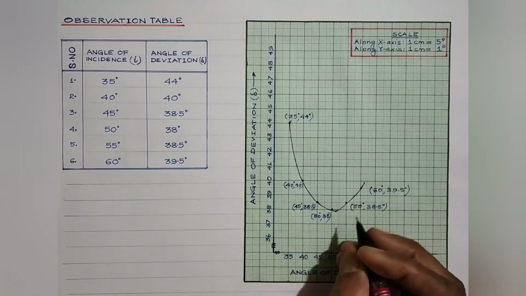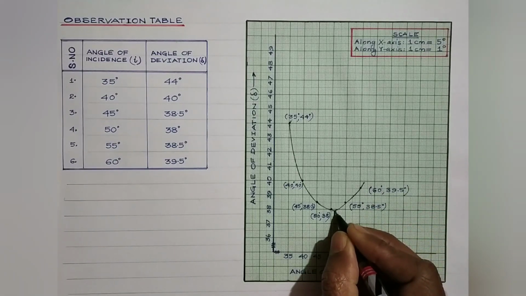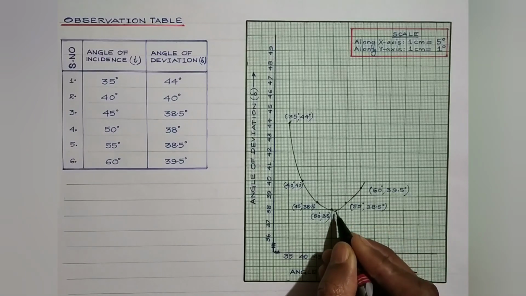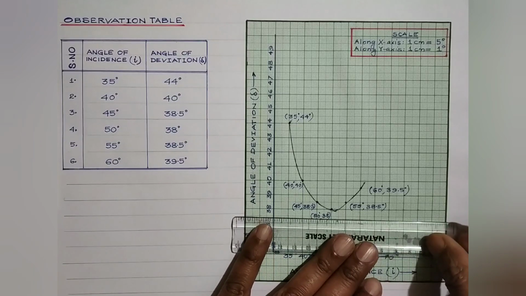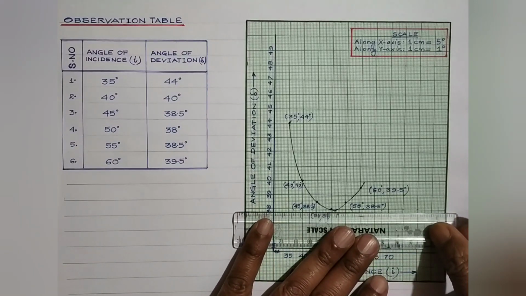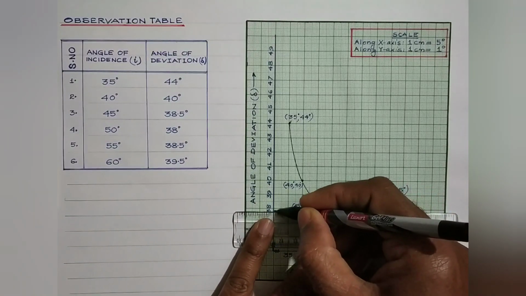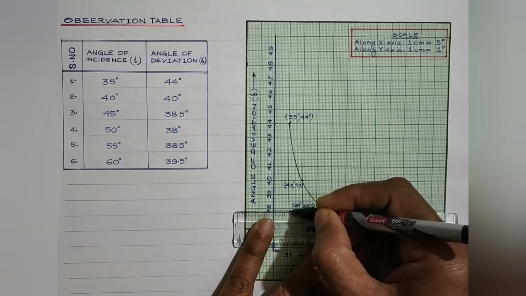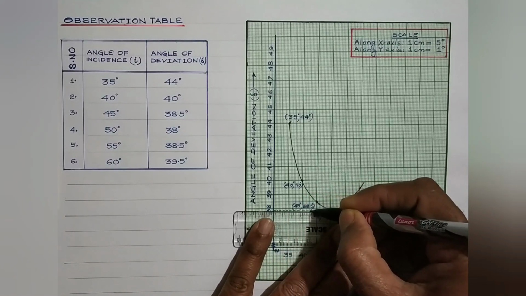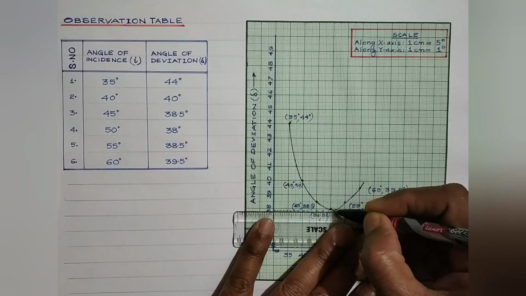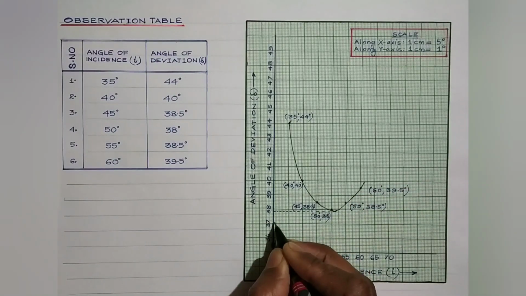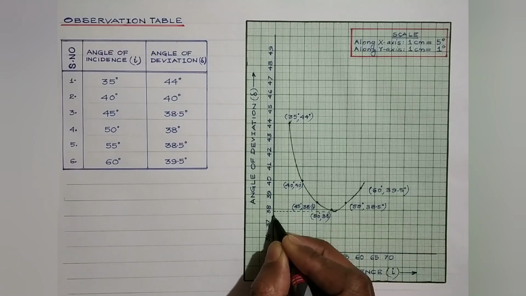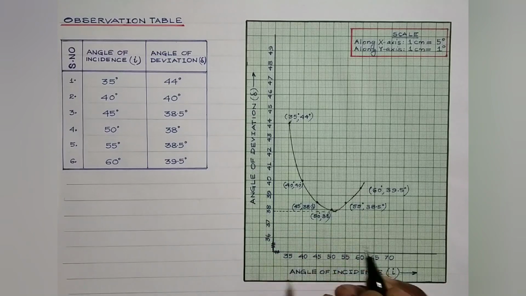Also students, this is the point, the lowermost point, and corresponding to this point the angular deviation is minimum. So let's determine the angle of deviation from this graph. So this is it. So it comes out to be about over here. So it is 37, 37.5, 37.6, 37.7 and this is 37.8.